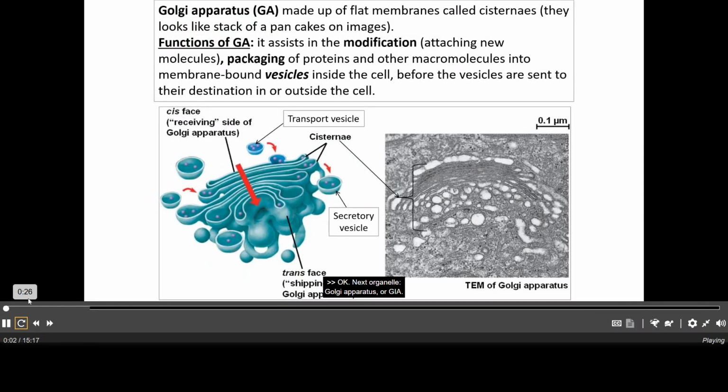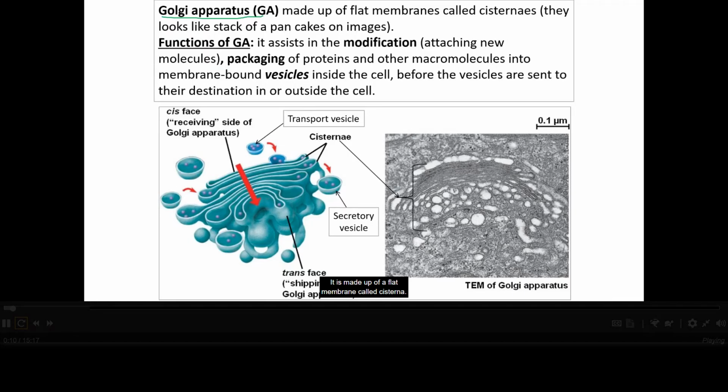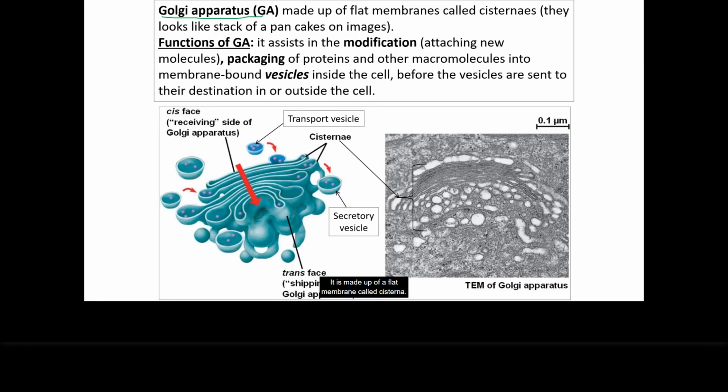Okay, next organelle: the Golgi apparatus. It's made up of flat membranes called cisternae, and they look like a stack of pancakes in the image.